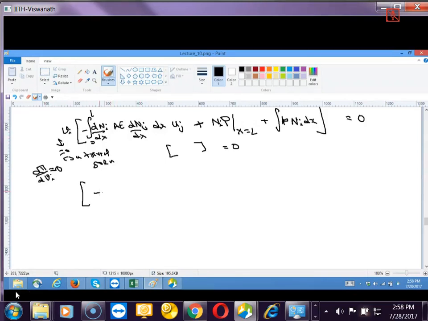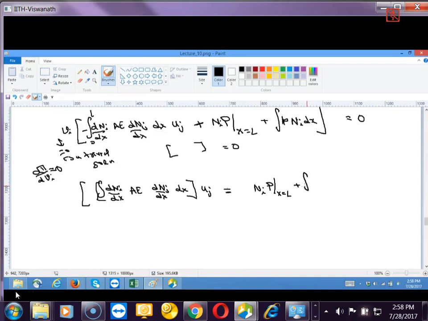minus, or I will rewrite it with a plus, dNi dx AE dNj dx uj is equal to Ni P evaluated at x equals L plus integral of p Ni dx.